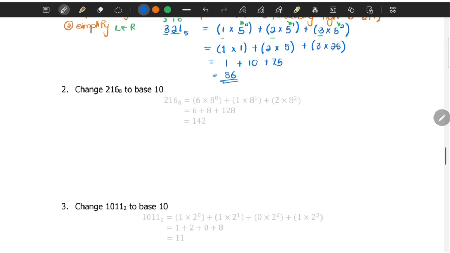So for the next question, we have 216 to base 8. Change it to base 10.